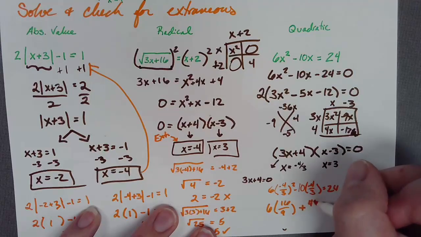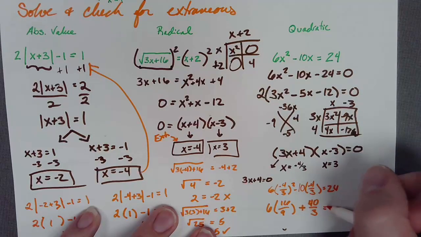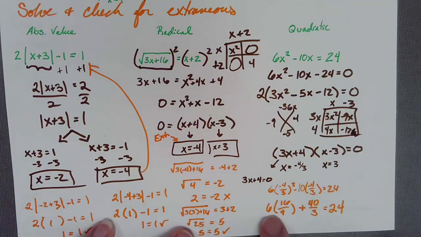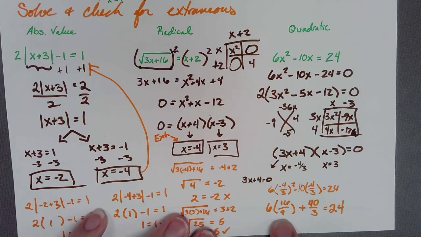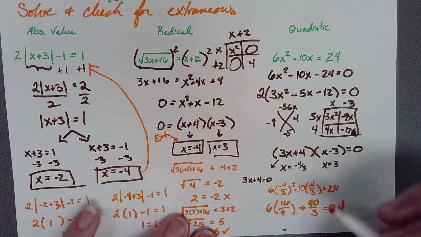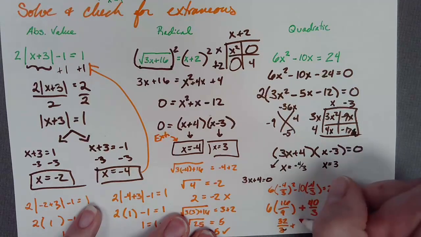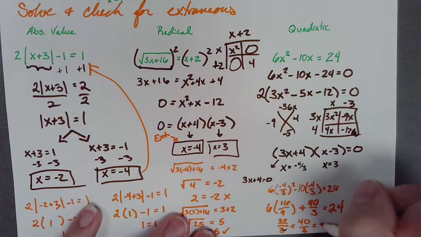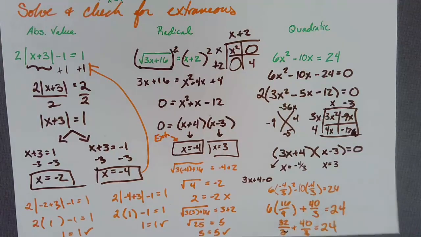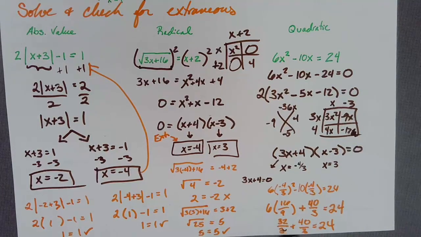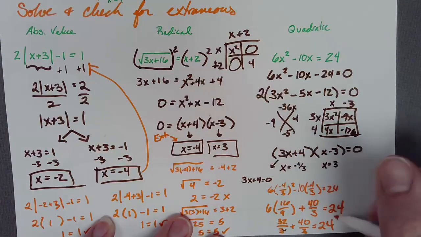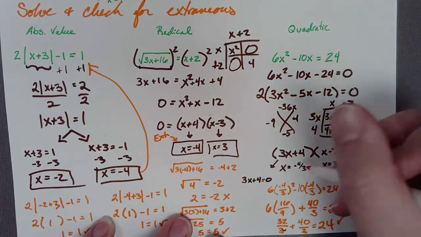This would be 40 over 3. Doing the math here. And if you were to type this into a calculator, you would get 72 over 3, which is 24. So negative 4 over 3 does work as a solution.